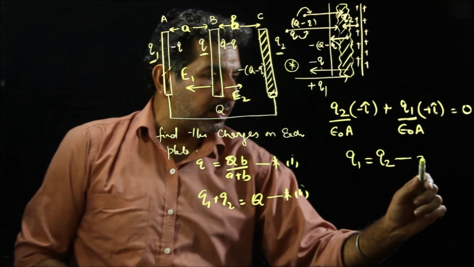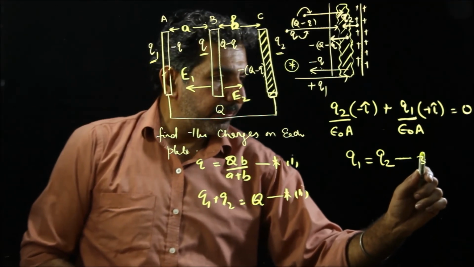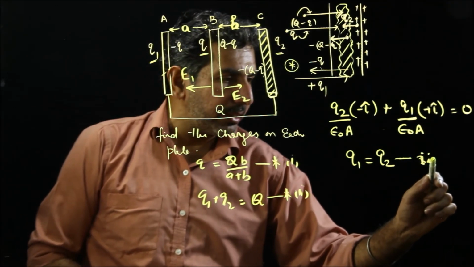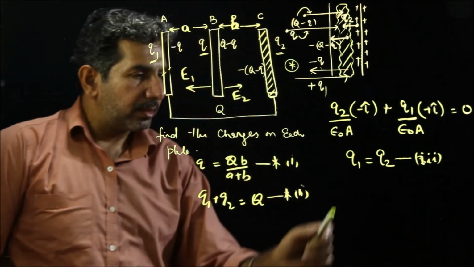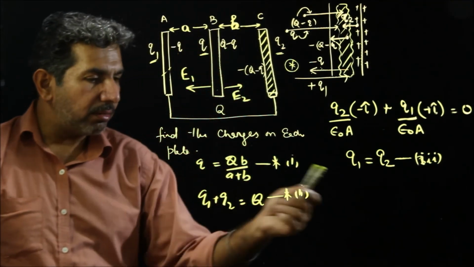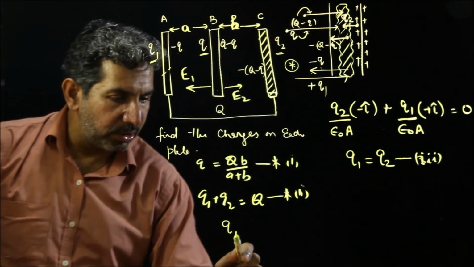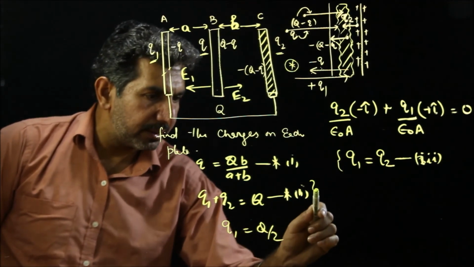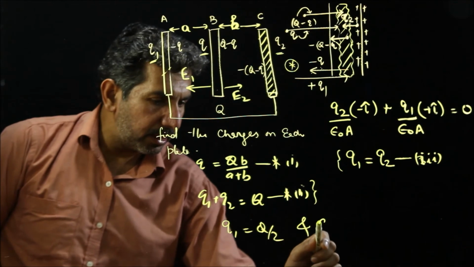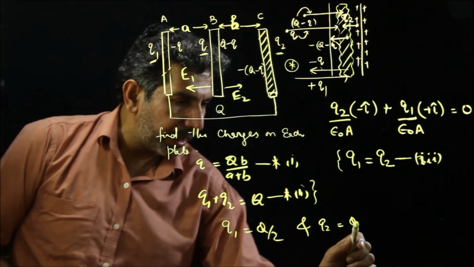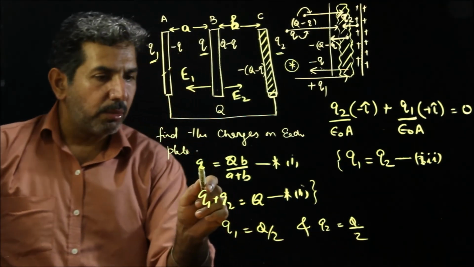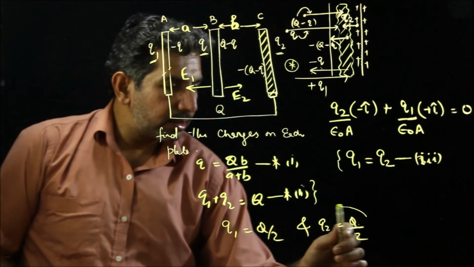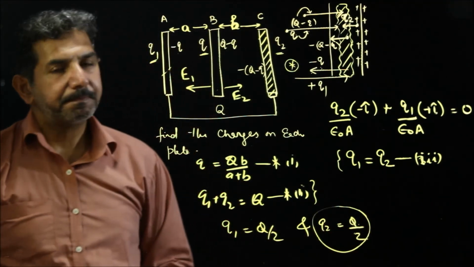Now you can see this is equation number 3. Okay, I must write it like this. Fine. So now it means Q1 is also Q by 2 from this, and Q2 is also Q by 2, and small q I have already got, so the question is complete.